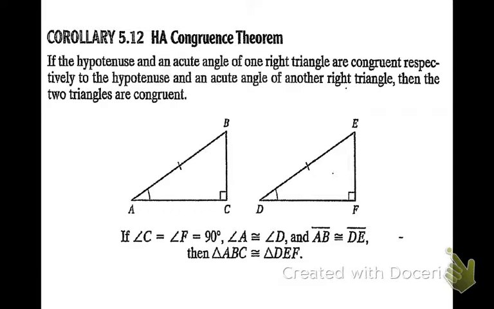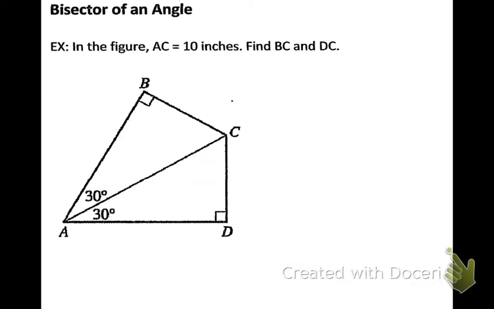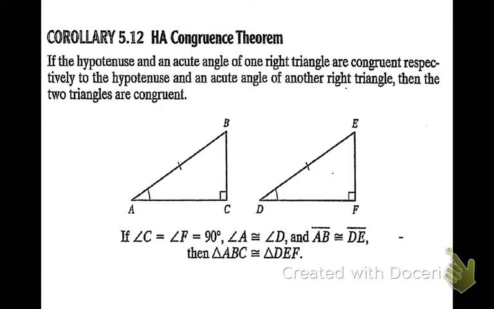Another one we have is hypotenuse angle. So we have hypotenuse leg and leg in right triangles. Now, in a right triangle, if I have the hypotenuse and one angle congruent to the hypotenuse and one angle of another, and it's a right triangle, then I can say the triangles are congruent by hypotenuse angle. How else, in this picture, could I say the triangles are congruent besides hypotenuse angle?